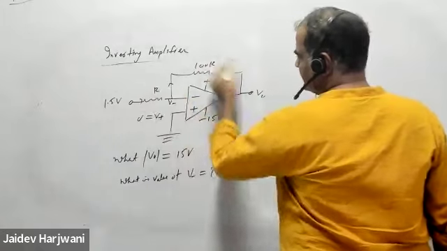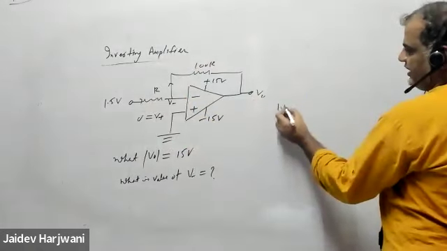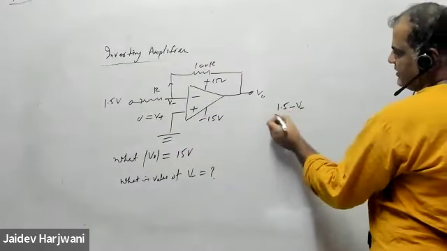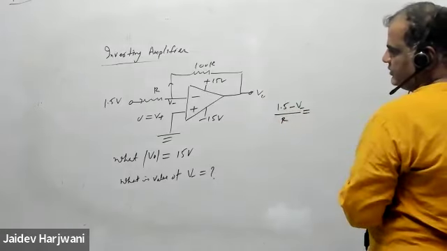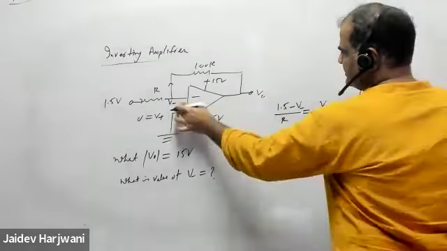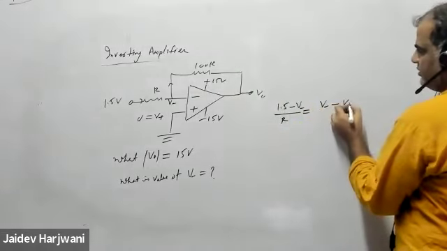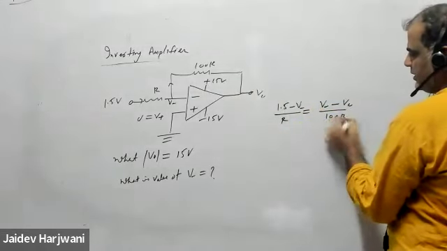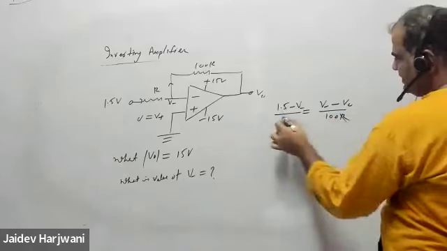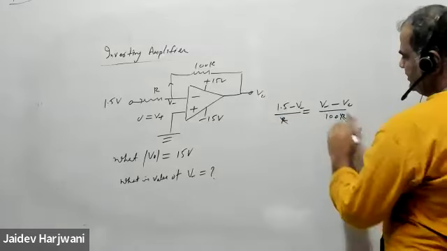So the current coming through R goes here. So 1.5 minus V minus upon R is equal to V minus minus V naught upon 100R. This R cancels. Okay, now solve it.